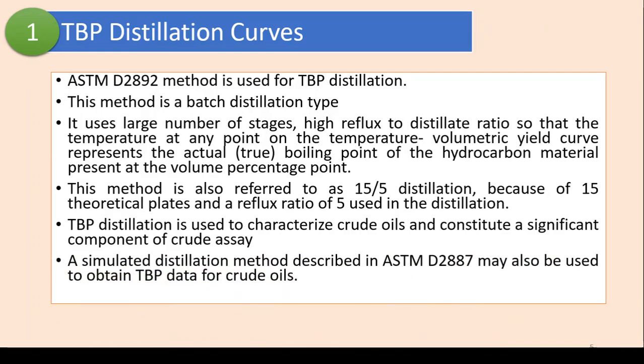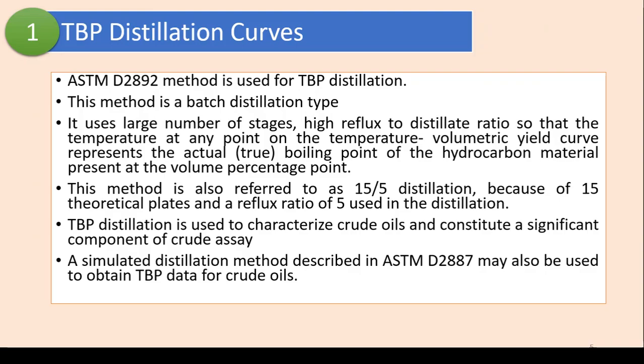There is a simulation method for the TBP distillation, and its number is ASTM D2887. That basically gives the TBP data of crude oil by simulated distillation. So it is slightly different from the TBP distillation.